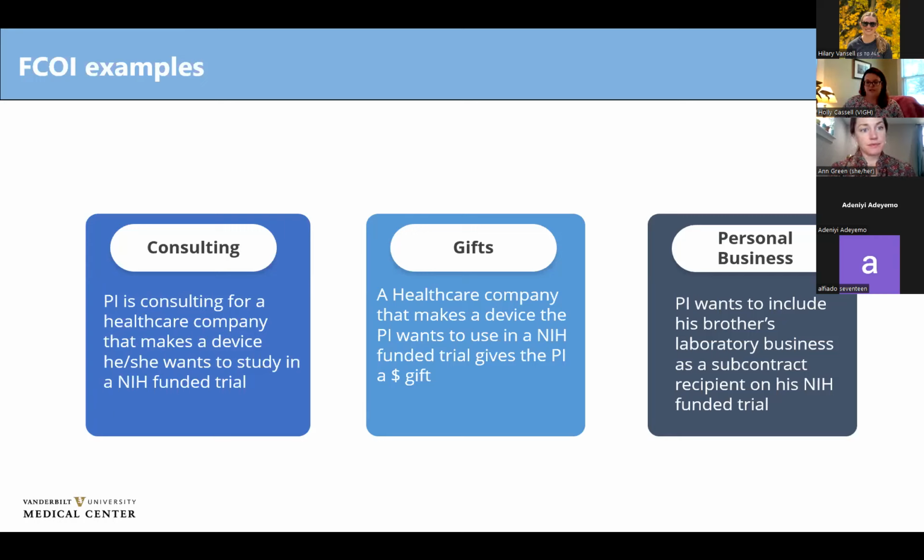So if an investigator is doing health related research, like many of your PIs, consulting or speaking where healthcare or industry sponsors are involved should be highly regulated. And the conflict of interest policy should be consulted before undertaking that.